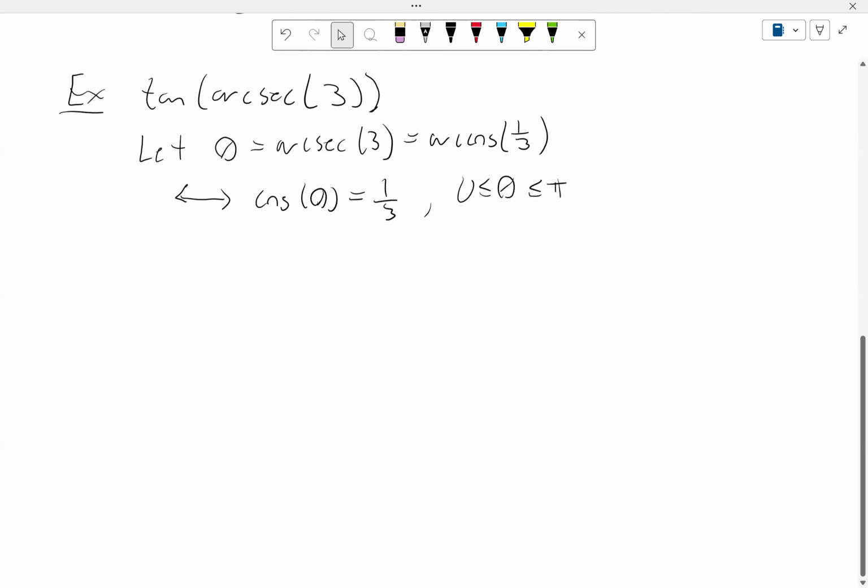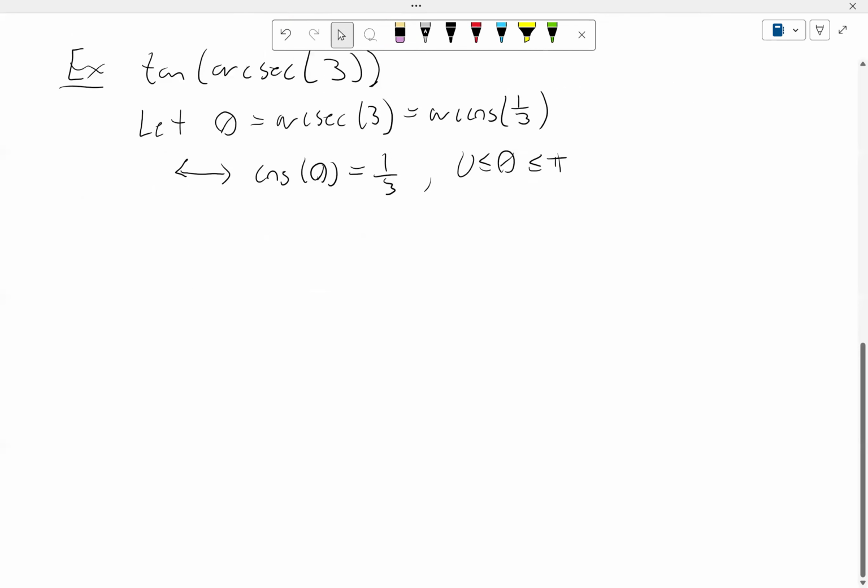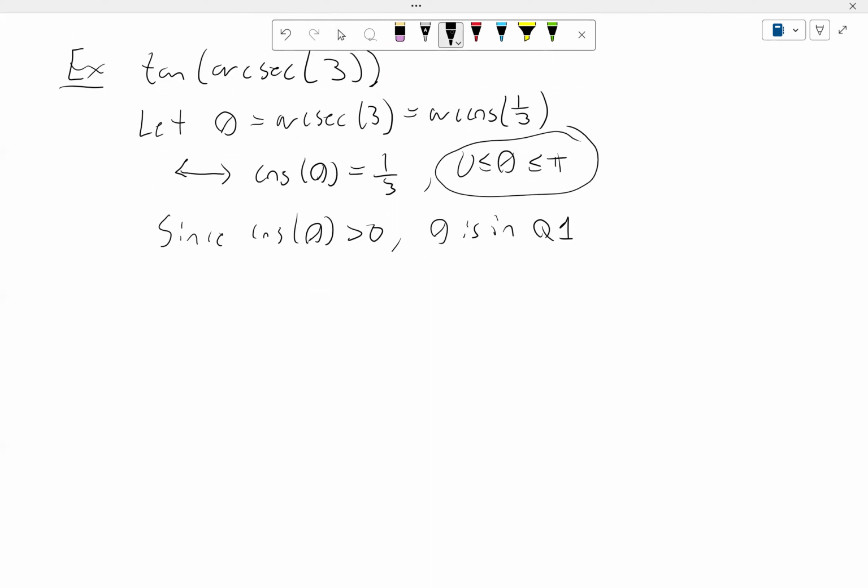Now that I have that, since cosine of theta is positive, well, that means that my theta is in quadrant 1, right? I mean, it could be in quadrant 1 or quadrant 2 because of the range, but now since I know that cosine of theta is positive, that means theta has to be in quadrant 1. So I'll go ahead and draw my angle here in quadrant 1, right? Maybe I'll draw it that way, sure.